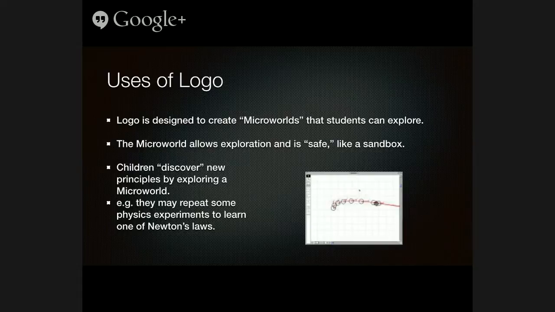So a microworld is a physics simulator or whatever simulator built in Logo where people can play around, and Papert referred to it as a sandbox where learners could engage with the environment and see how it works. And you're supposed to discover new principles. So for instance, say you give students a physics simulator where they shoot a ball out of a cannon.